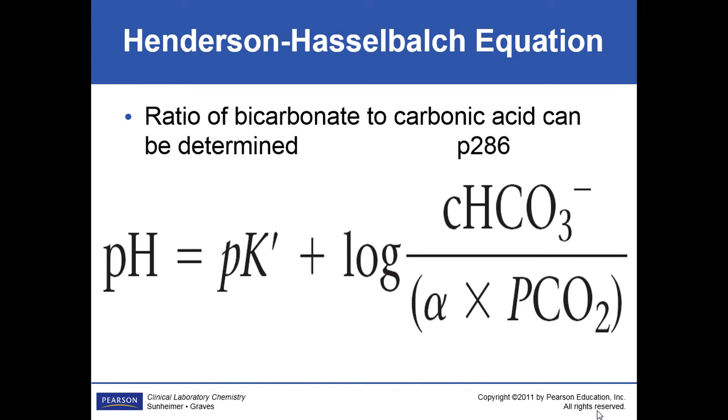Henderson-Hasselbalch is at least two scientists that came up with the pH formula years ago and applied it to the human body. You need to know this formula. And we're going to walk through it a little bit. And this formula is one of the reasons I have had issues with the BOC, because of your log function. You have to have a log function on your calculator if you're going to do anything with this area.